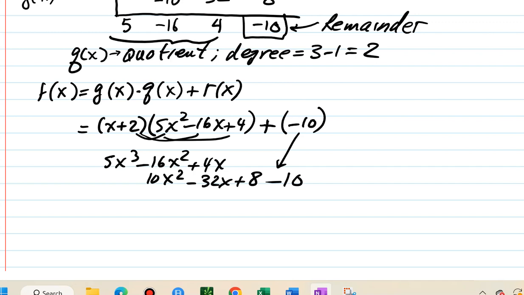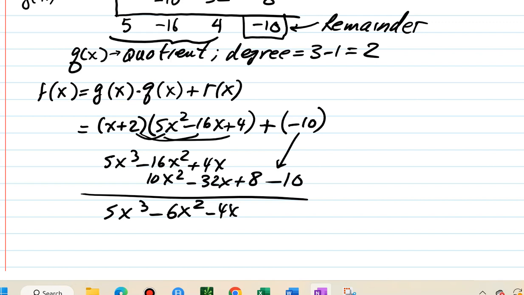Adding columns, I get 5x cubed minus 6x squared, minus 28x minus 2.